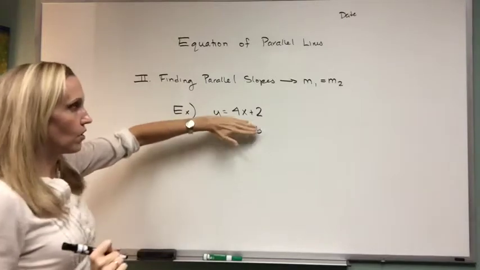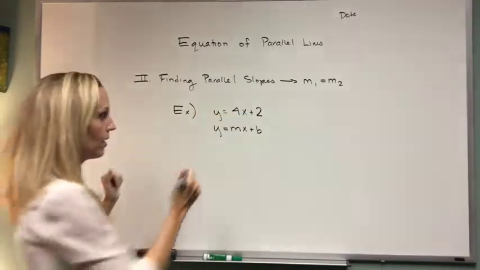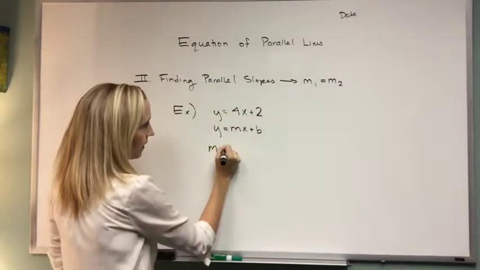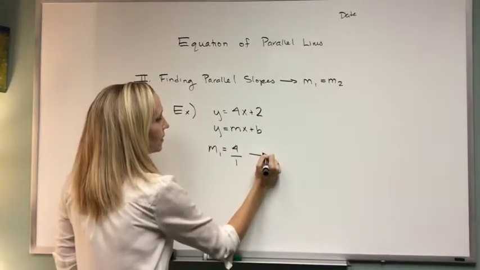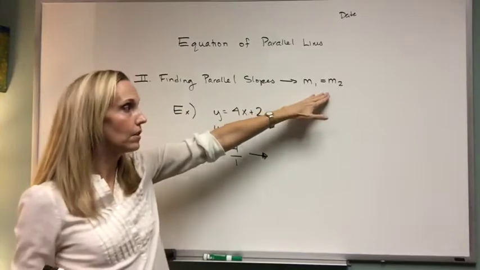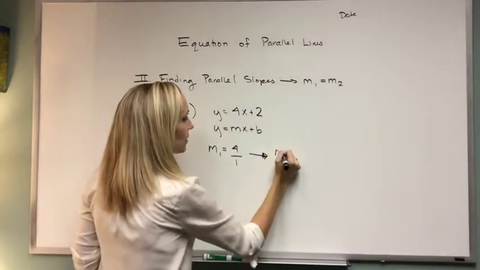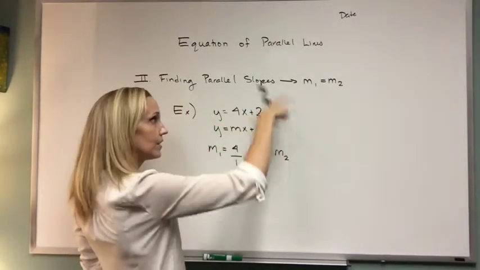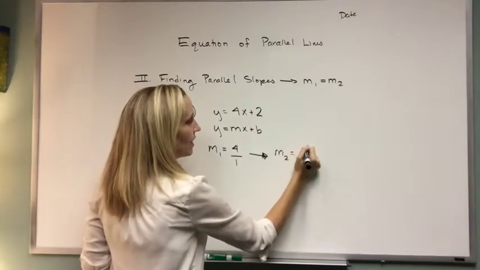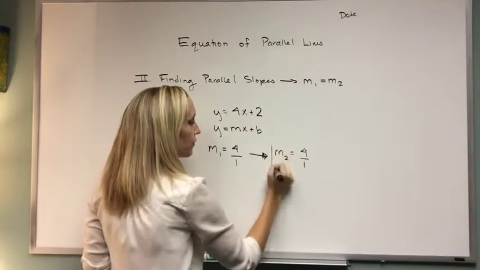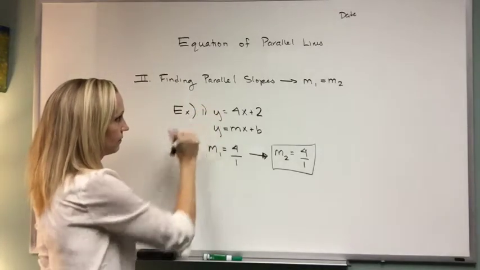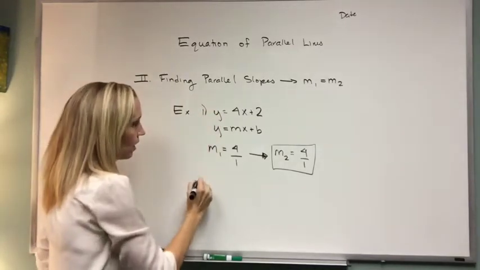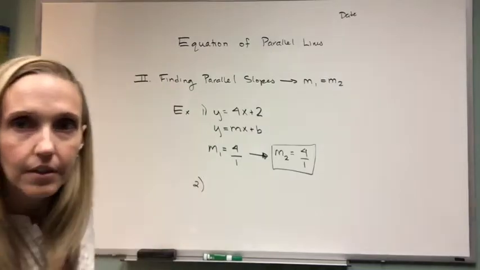So we can tell you that the slope of my first line, m1, equals 4 over 1. And since my parallel slopes have to be the same, we therefore know that the slope of my line parallel to this line has to be the exact same. So it's also 4 over 1. We'll do that. So not too bad, right?